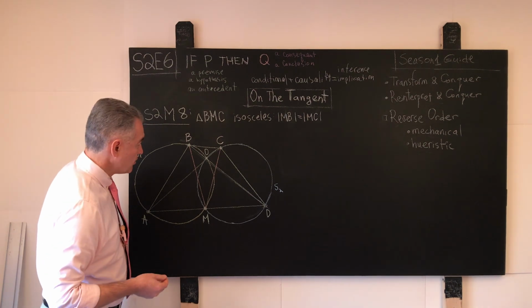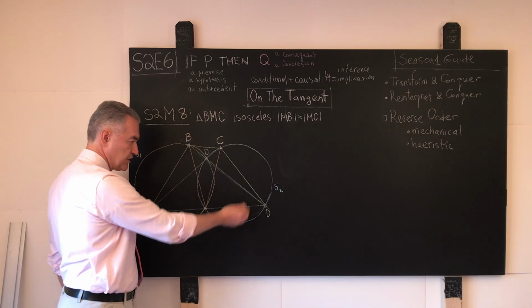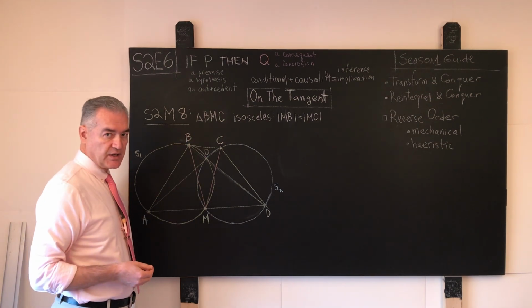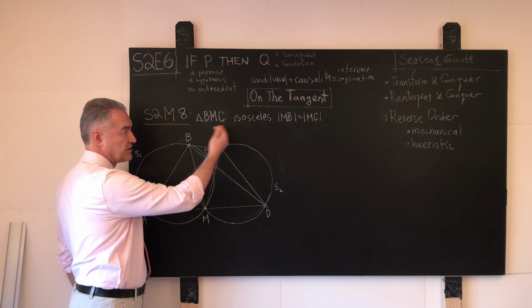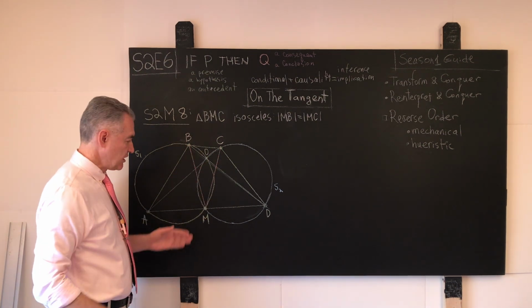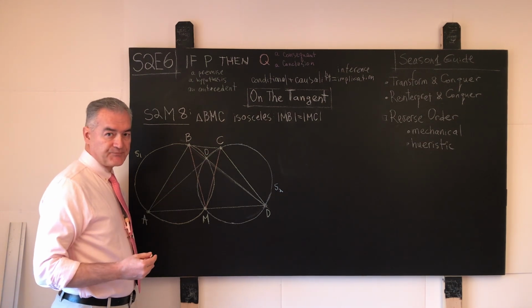As such, in this problem, given the material that was explained earlier, we are asked to show that the triangle BMC is isosceles, with the lengths of the sides MB and MC being equal to one another.